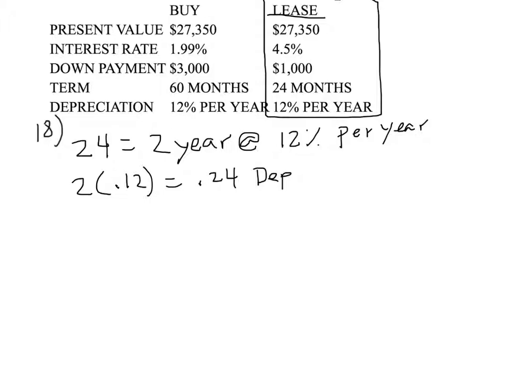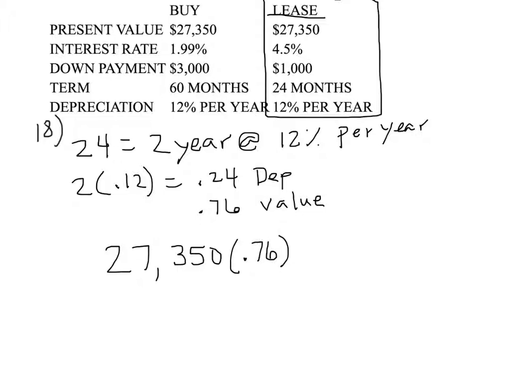Well, if the car depreciates by 24%, 100 minus 24 will give us 0.76, or 76% of the value is still left on the vehicle. Okay, so we have to take the original price of the vehicle, which is $27,350, and multiply it by 0.76, because it's still worth 76%, sorry, of its original value.